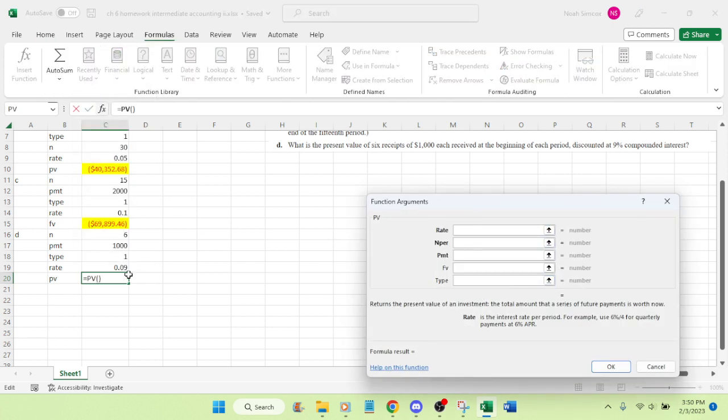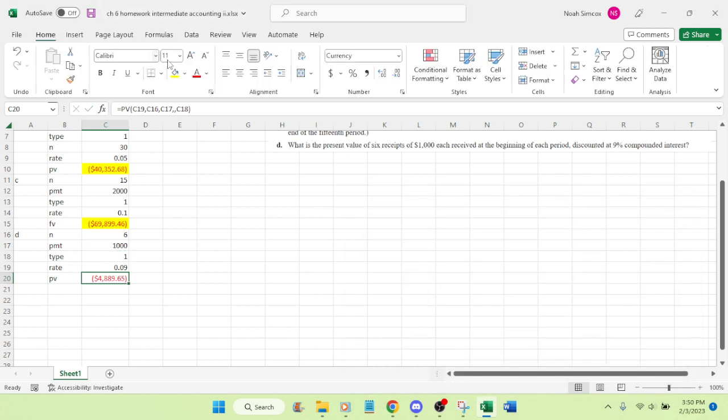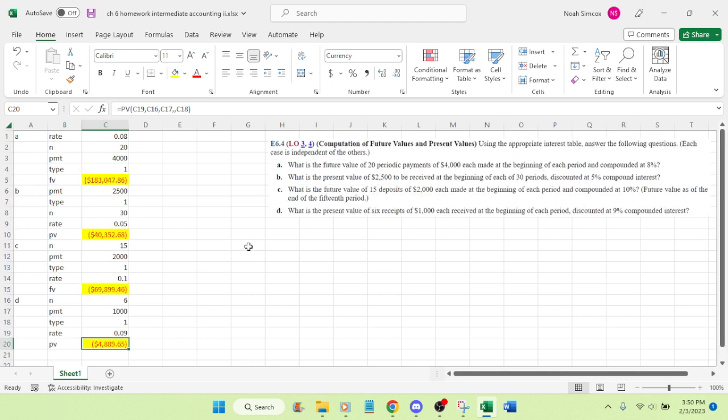Rate of this, number of periods 6. Payment is this. Type is 1. And then we get the answer. So that's the answer for D.